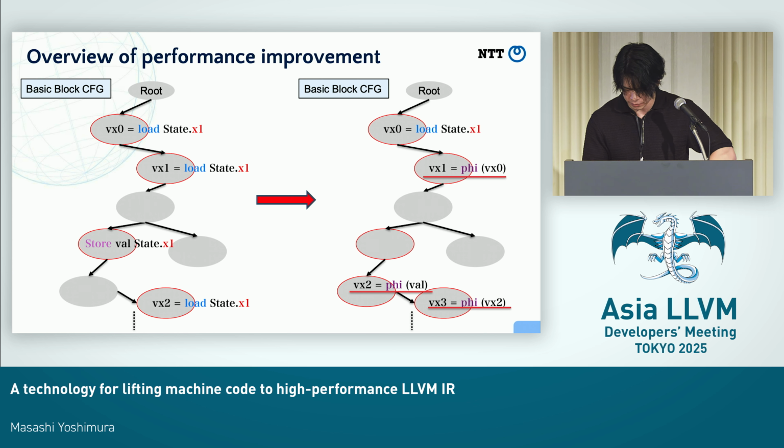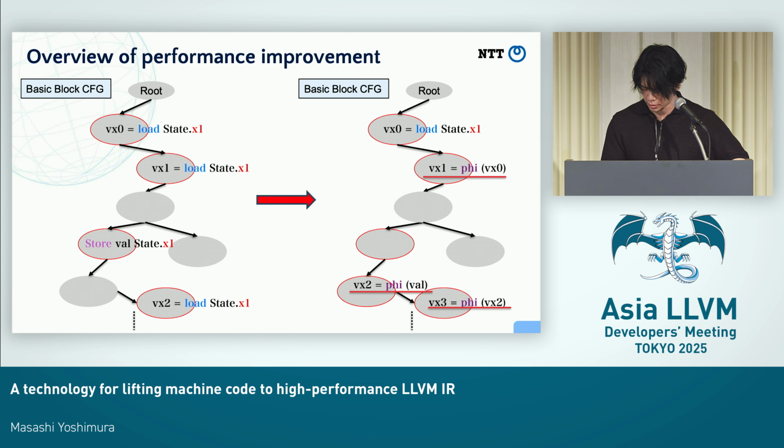Instead of touching the CPU state for the last 3 accesses, we propagate x1's value between basic blocks by LLVM IR phi nodes.